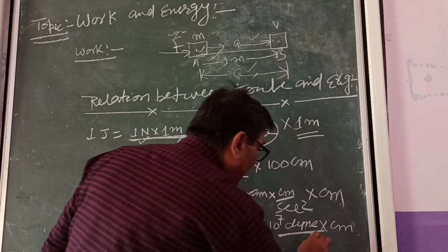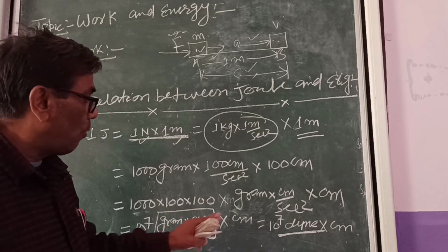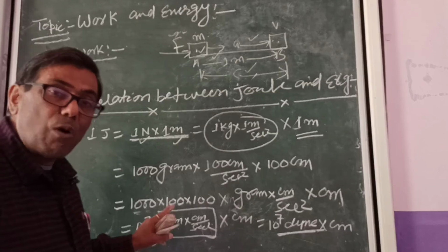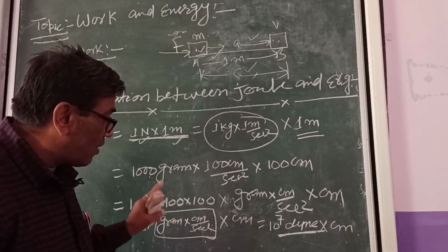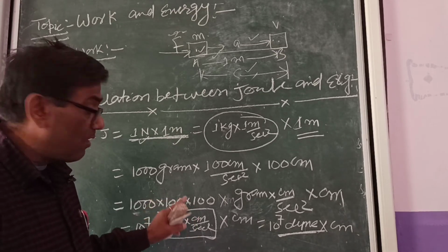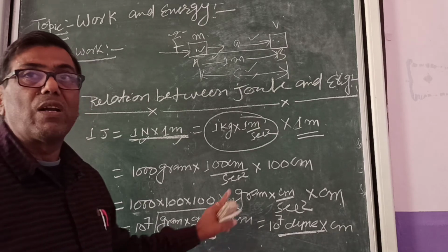Dyne is the CGS unit of force. When an external force acts on 1 gram of an object and it moves with an acceleration of 1 centimeter per second square, the force is known as 1 dyne.